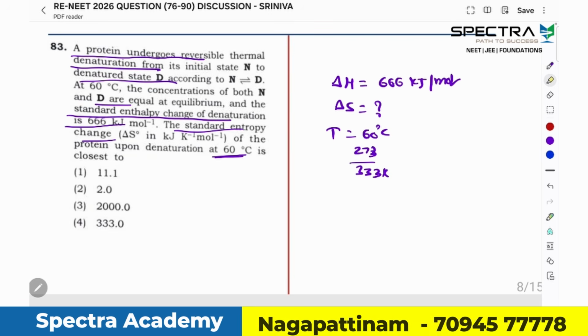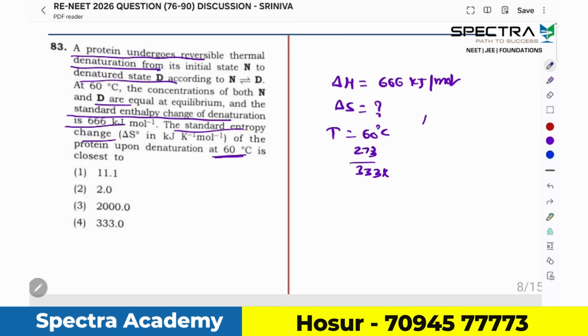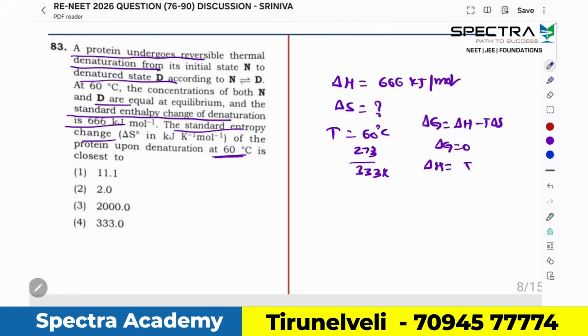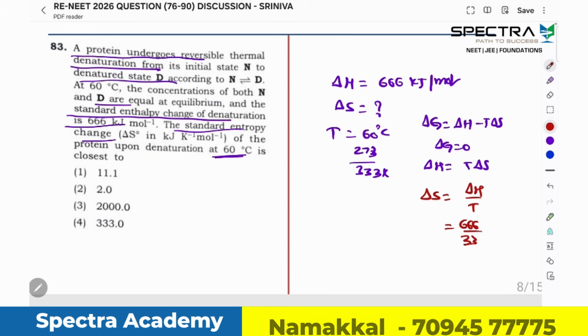So the formula, remember, at equilibrium delta G is equal to delta H minus T delta S. Delta G is equal to 0 at equilibrium, so delta H is equal to T delta S. Therefore, delta S is equal to delta H by T, which is 666 by 333.